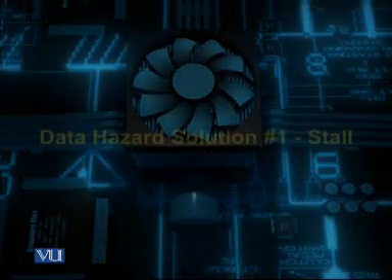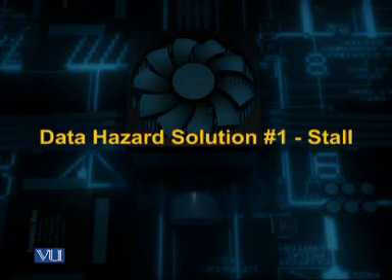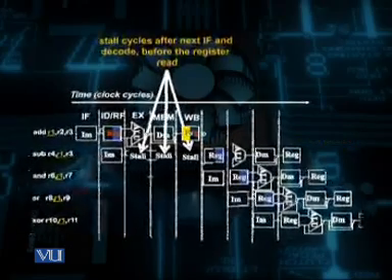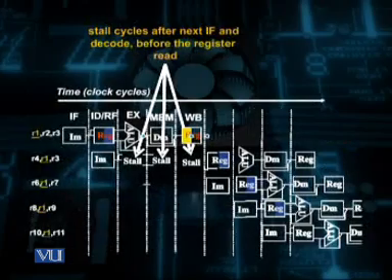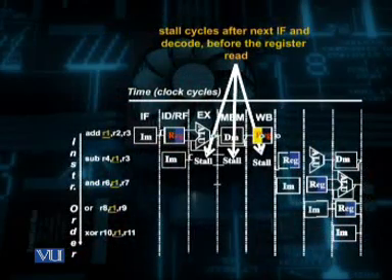Hence, we have to look into this situation and see how we can avoid it. For this purpose, let us look at the next slide, where you can see that we can avoid this problem by introducing 3 stalls, that is, 3 bubbles in the 3rd clock cycle, in the 4th clock cycle, and in the 5th clock cycle.